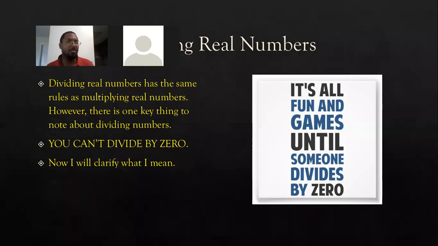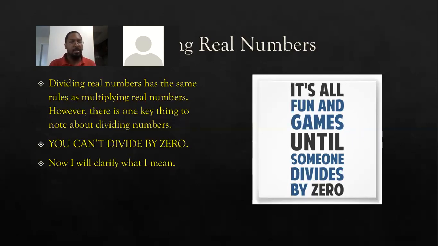There are only a few things you just can't do in math. You can do a lot of stuff in math, but one of the things you cannot do under any circumstances is you cannot divide by 0. You just can't. You can't divide by 0 under any circumstances.